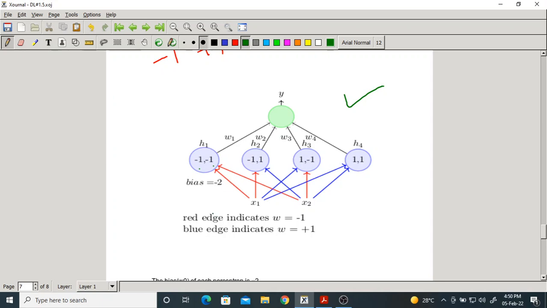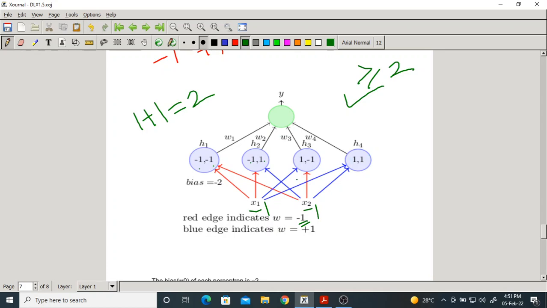Why? If the input is -1 and -1, and it is connected to the first neuron with weights of -1, what is the weighted sum? -1 into -1 plus -1 into -1, which is 2. The weighted sum is greater than or equal to 2, so it will fire. In the same way, the second perceptron will fire for input -1, +1. The third one for +1, -1. The last one is for +1, +1.